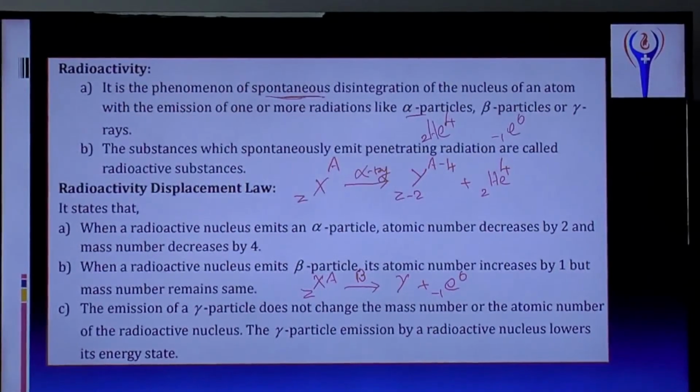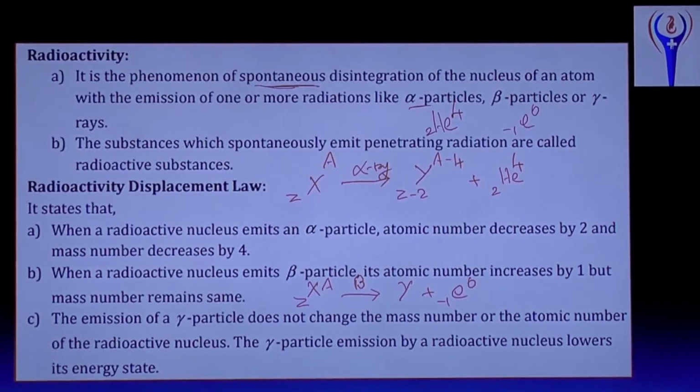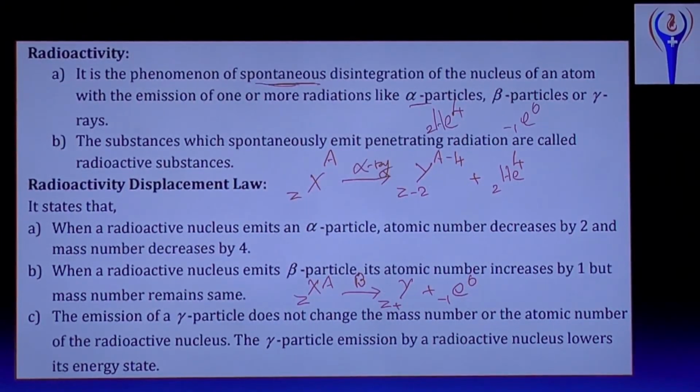It's nothing but an electron, e minus 1, 0. That is only the beta particle. So its atomic number increases by 1 and mass number has no change. This is beta emission, beta decay.